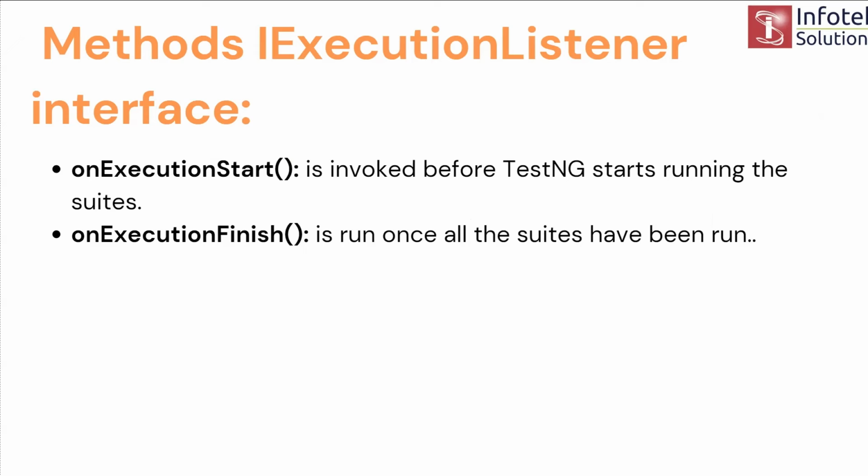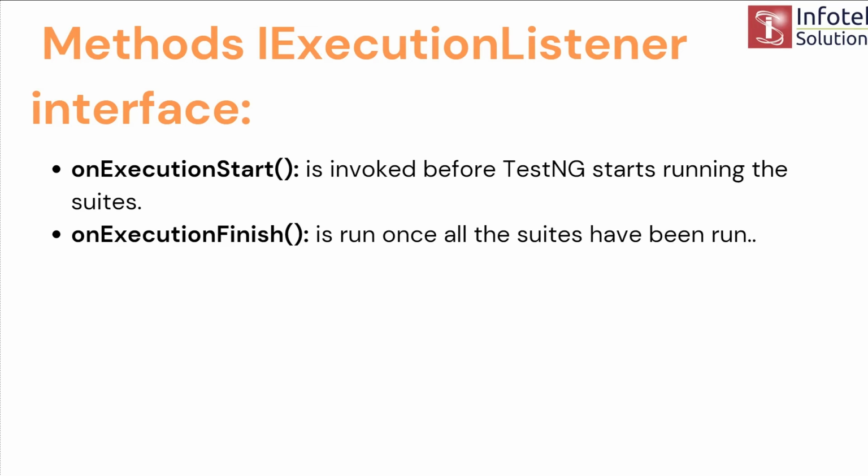We had two methods in ISuite listener as well, but the difference was that in ISuite listener, the start point was when the suite, basically the complete process, starts, and then the end executes. But in this case, on execution start executes only once a method execution is started.